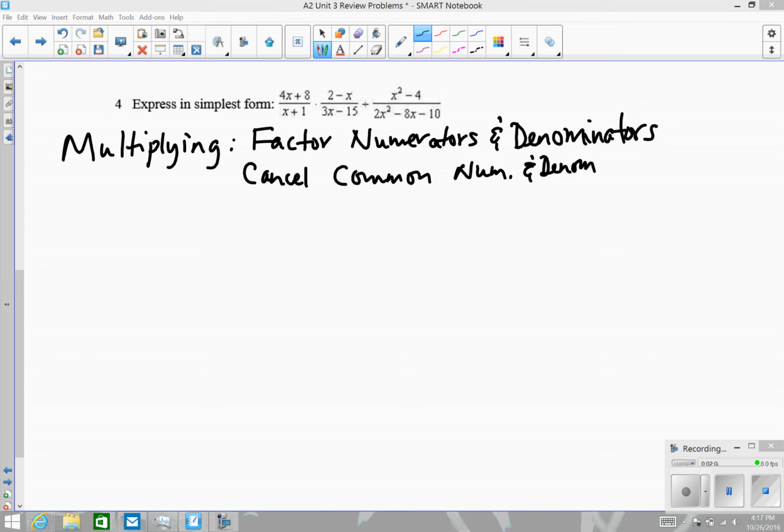We want to make sure we cancel those as pairs. So for every one factor that matches in the numerator and denominator, we can cancel, and I'm just going to write in here as pairs.